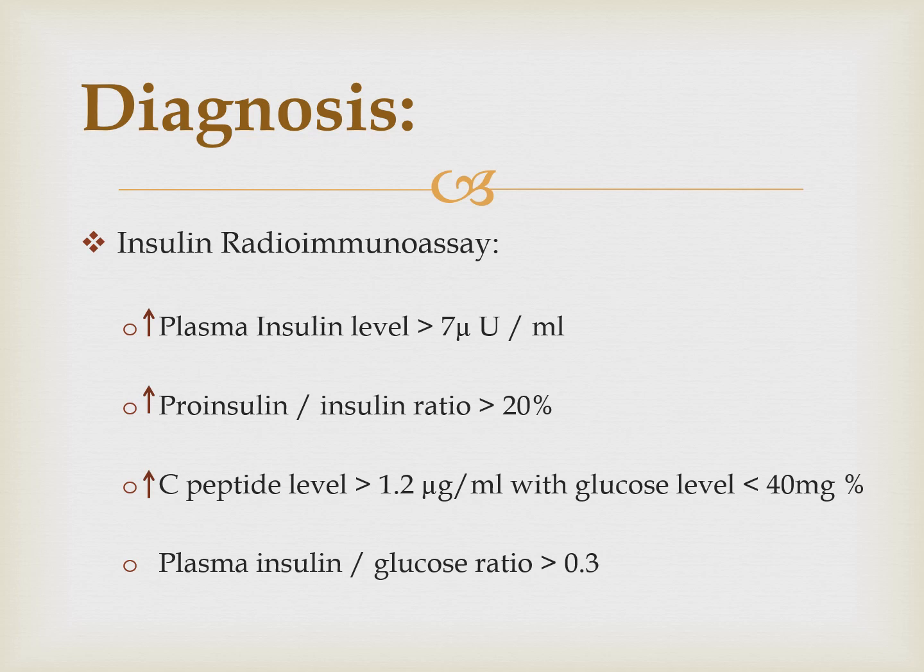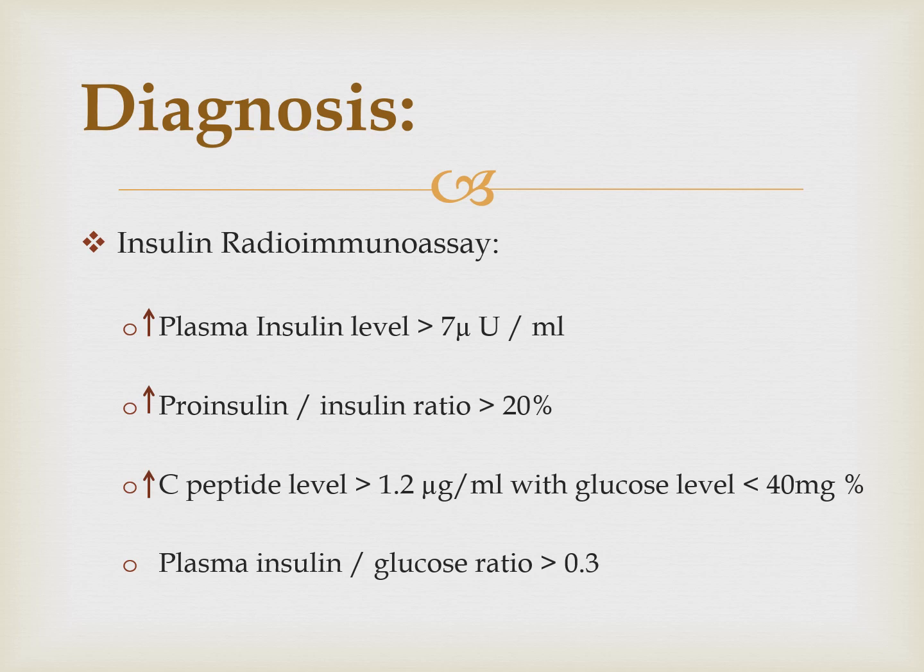How to diagnose insulinomas? The laboratory investigations include insulin radioimmunoassay, which means that plasma insulin level is increased above 7 microunit per milliliter, proinsulin per insulin ratio is increased more than 20%, and C peptide level is increased more than 1.2 microgram per milliliter, with the presence of plasma glucose level less than 40 milligram percent.